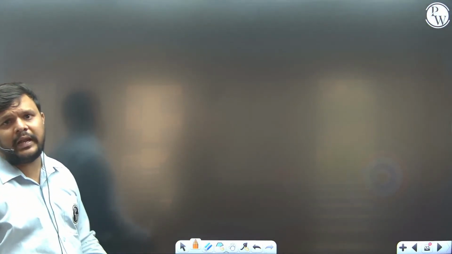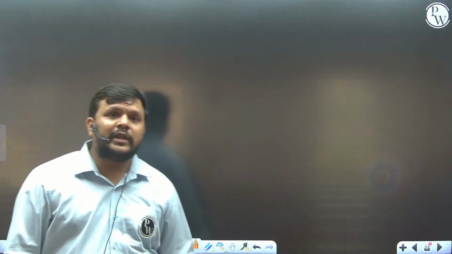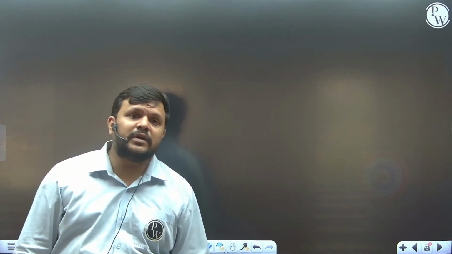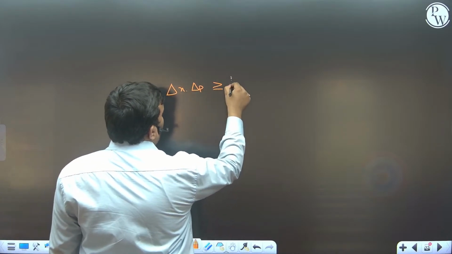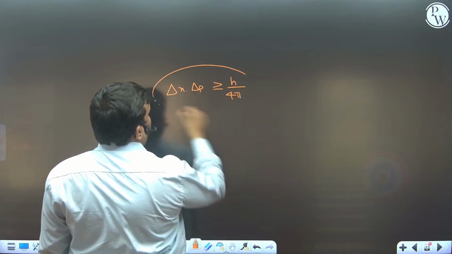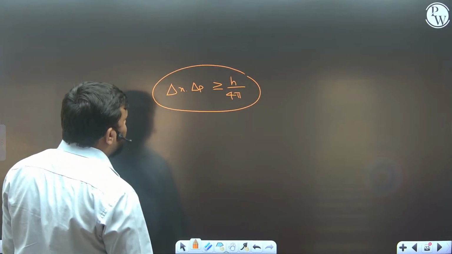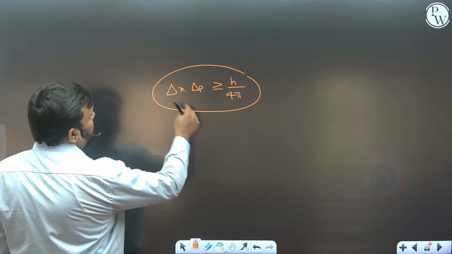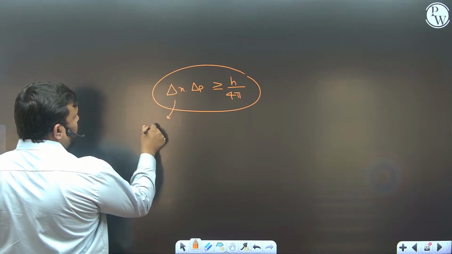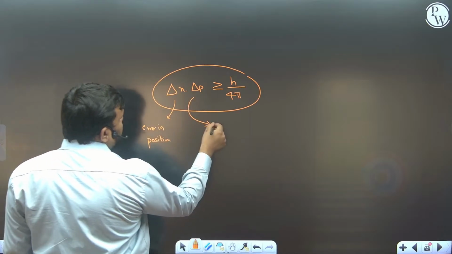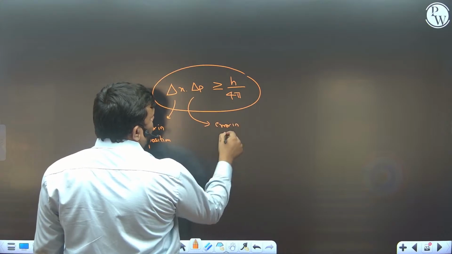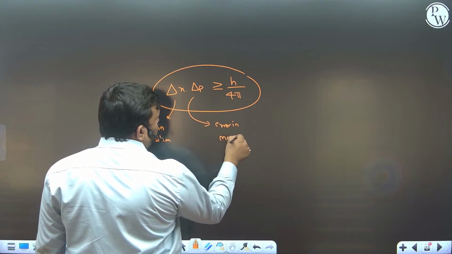Further questions they are having like de Broglie hypothesis, and the Heisenberg uncertainty principle. In Heisenberg uncertainty principle they are having formula based questions on this equation, delta x delta p is greater than or equal to h upon 4 pi. Here delta x is the error in position, delta p is the error in momentum.